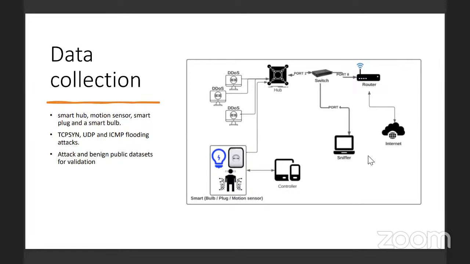These are TCP SYN, UDP, and ICMP flooding attacks. And then attack and benign data sets were publicly sourced just for validation purposes, to make sure the observations we arrived at on the private data give the same results in the public data set too.